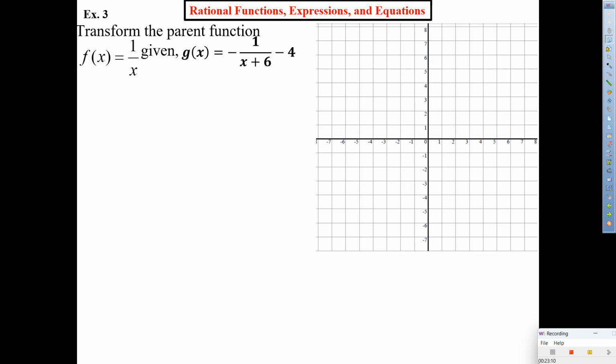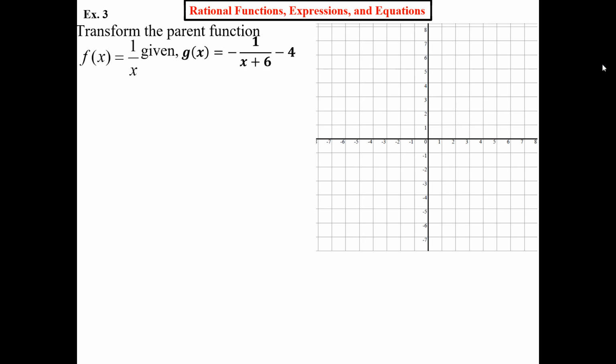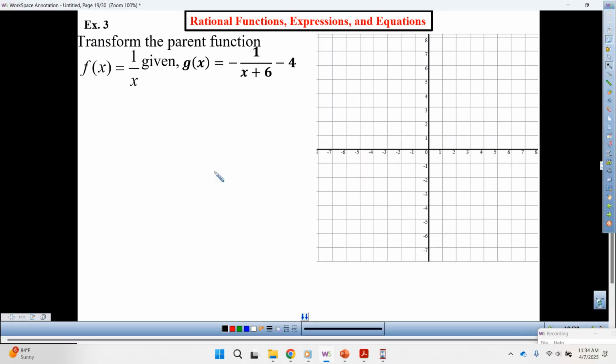All right, let's go with Mayrim. What do we do first? The VA and HA of the parent function. And what are they? They're both zeros. Okay, so then we've got the VA at 0 and the HA at 0 as well.